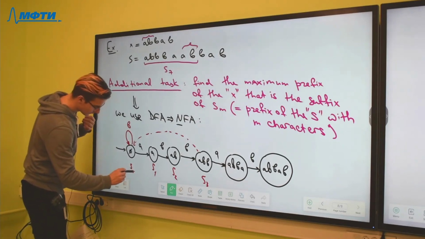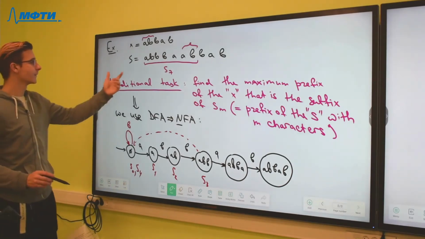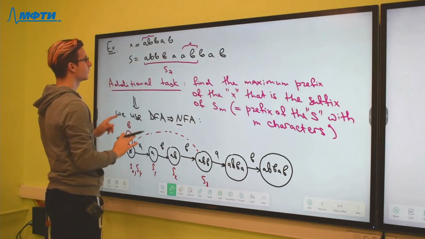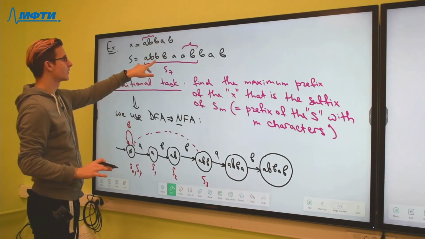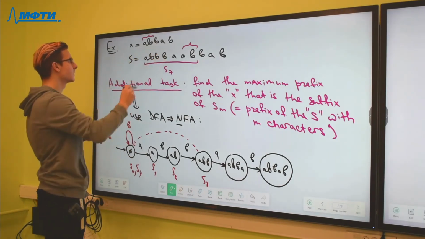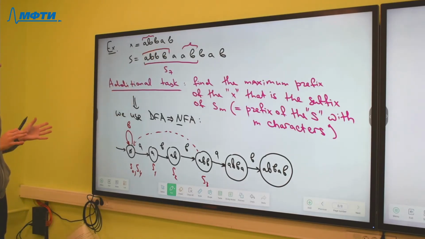So the answer for the additional task with the substring S4 is 0, 2, because there is no suffix of this substring that is equal to one of the prefixes of x.